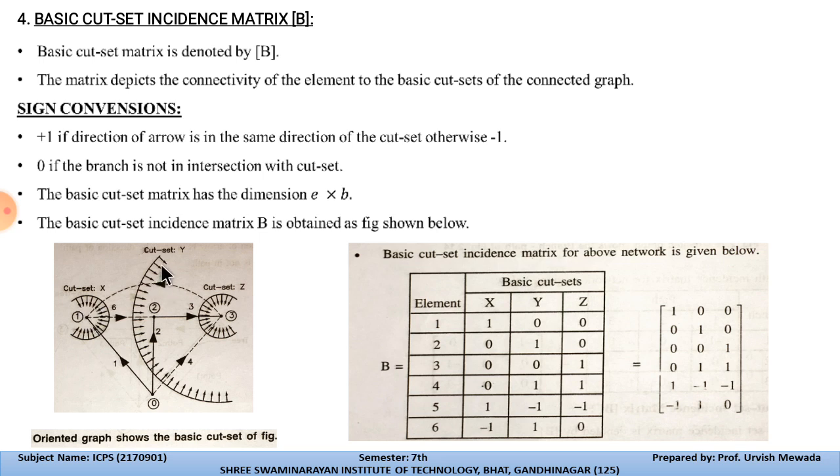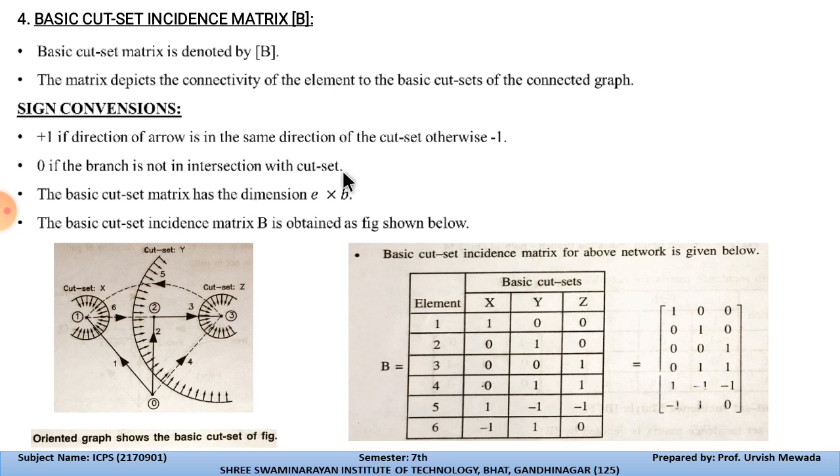And here the direction is toward node number 2, but it is opposite to node number 1 for the cut set y. And for the cut set z, the direction of the arrow is towards node number 3, and away from node number 2 and node number 1.